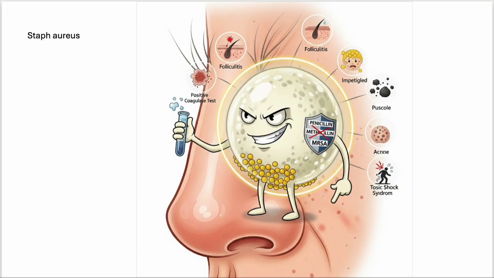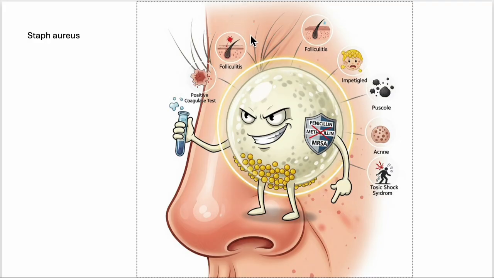Coagulase differentiates Staph aureus, which is positive, from all the coagulase negative staph, and novobiocin will separate the coagulase negative species. So Staph aureus, again, gram-positive, cocci in clusters, medium creamy, light gold yellow on blood agar. We want to see a positive coagulase test. This is the only staph that is a positive coagulase test.